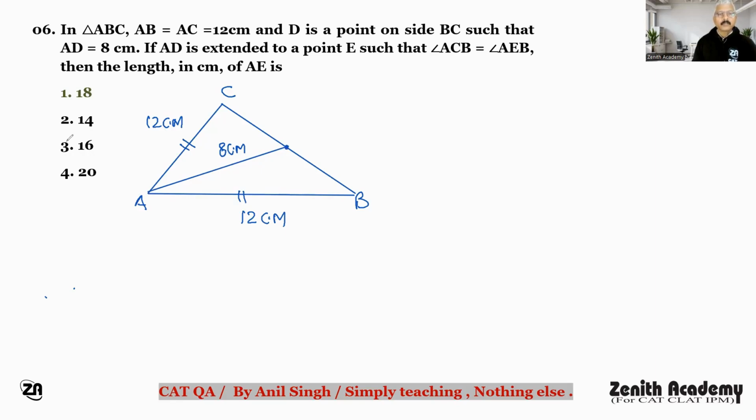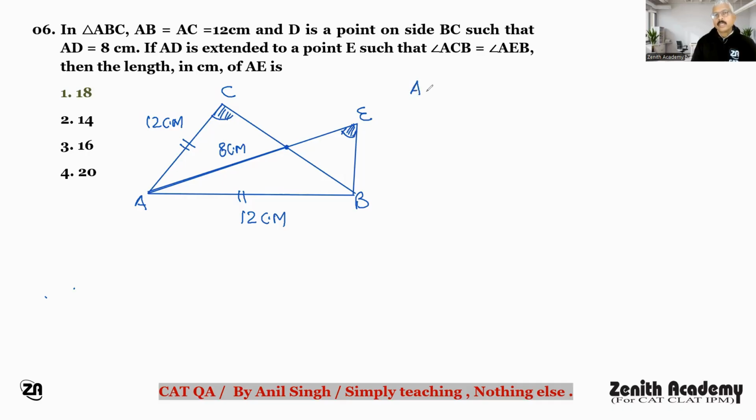AD is extended, AE is extended such that ACB equal to AEB, means this angle that will form, angle AEB, both are equal to each other. This angle is equal to this. Then we have to find the length of AE in centimeter.